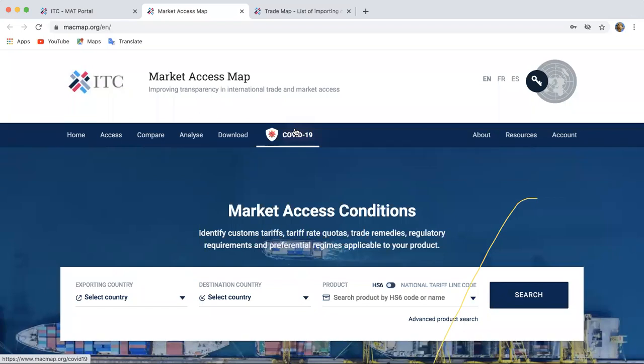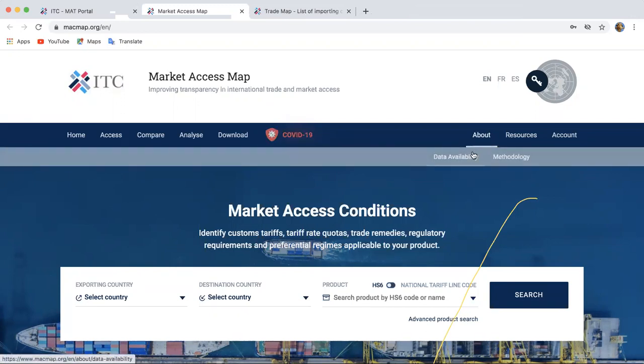We created a separate page where you can have the overview of the active measures, of the history of the measures being taken. So it's a very interesting page to look into if you have products that are related to COVID or just protective products, etc.